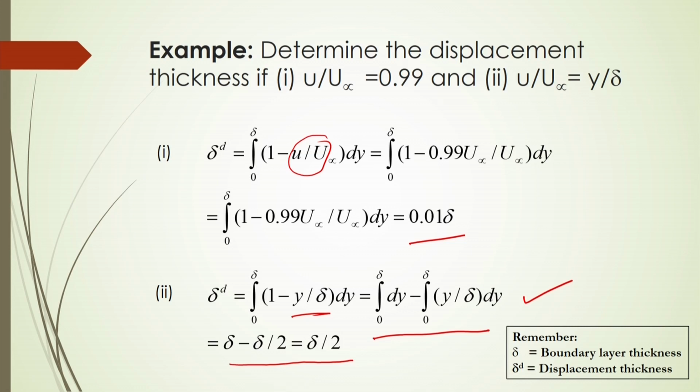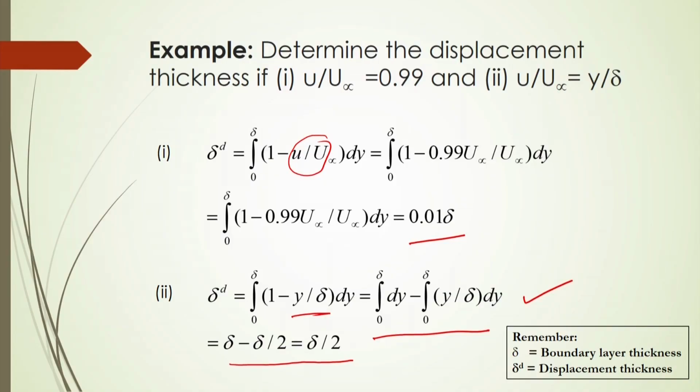Very interesting: the displacement thickness will be 50% of the boundary layer thickness for this condition of y by delta. At any y, for this y by delta ratio, we have 50% of the boundary layer thickness as the displacement thickness.